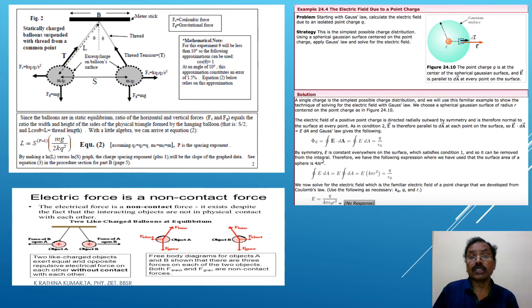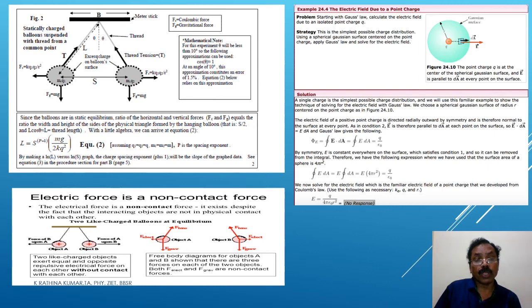In case of the gravitational force, this equation says that if the balloons are static, in equilibrium, then the ratio of the electric force to the gravitational force equals the ratio of the width to the height of the hanging balloons.